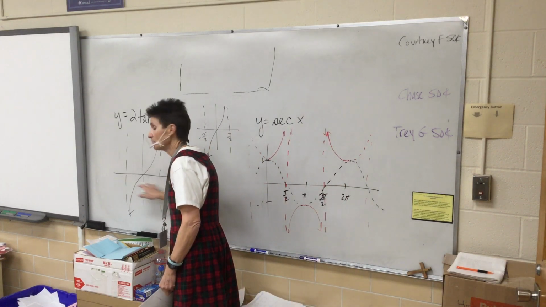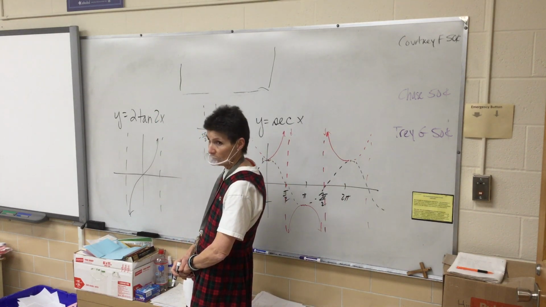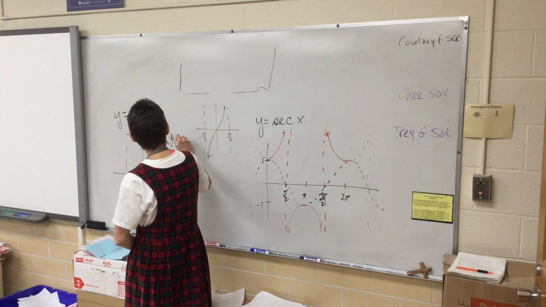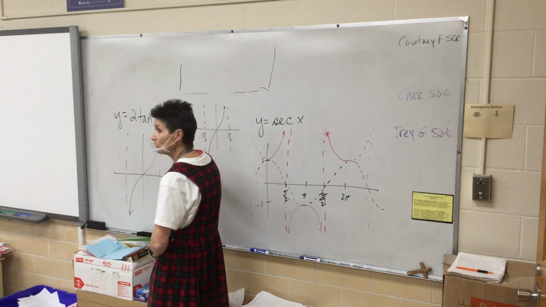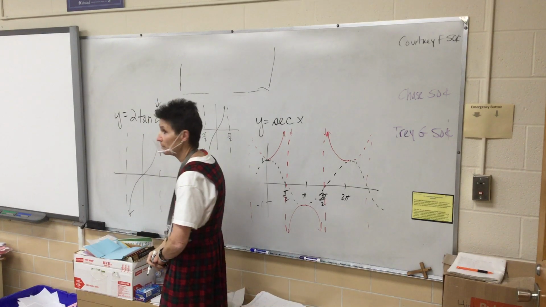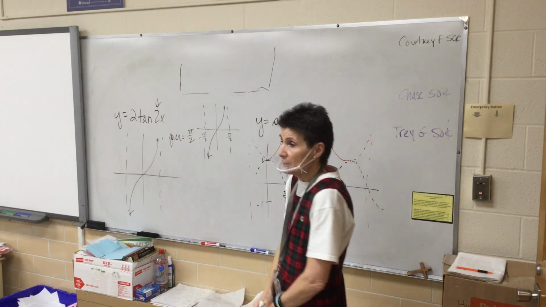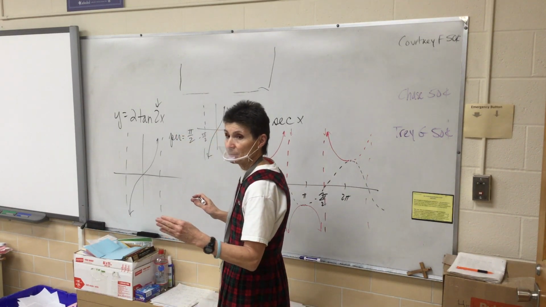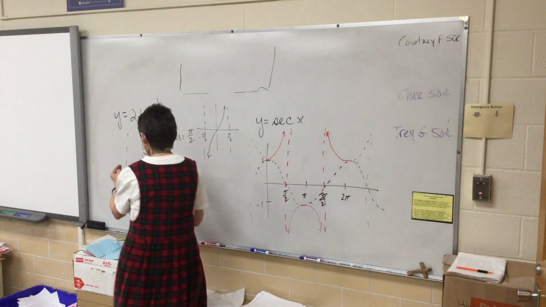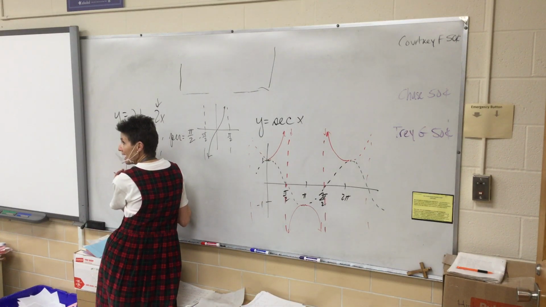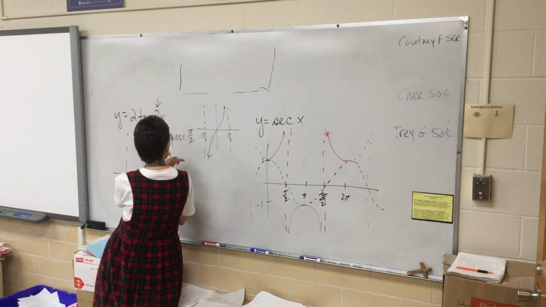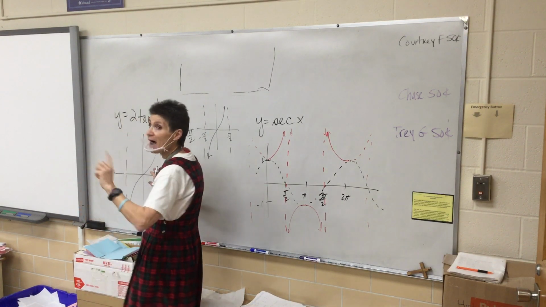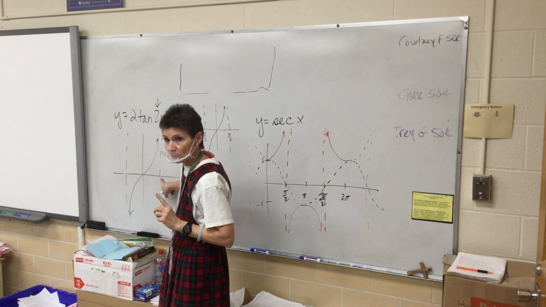Normally, what's the period normally? Normally the period's pi. Well, this period has been divided by 2. Remember, this number divides the period. All the functions. That divides the period. Now, what does that mean? That means that the distance between my asymptotes is now pi over 2. That does not mean this is pi over 2.